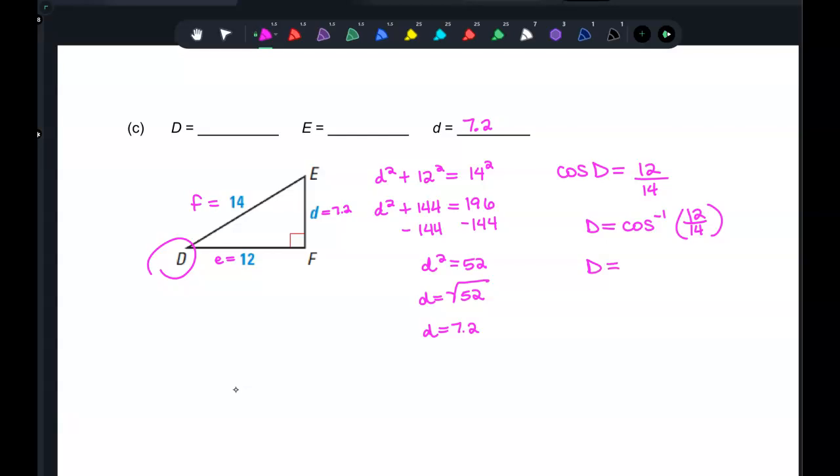So what do we get? 31. Okay, if angle D is 31, angle E is going to be 90 minus 31, 59.